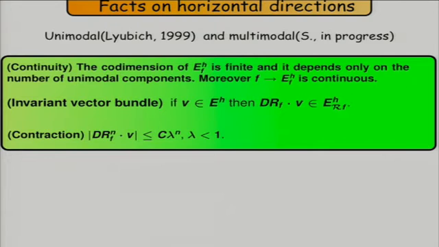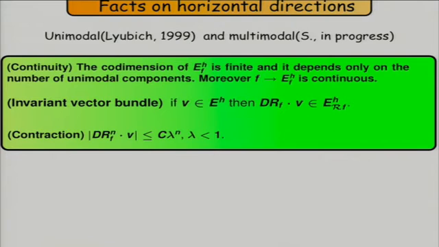So you have continuity of these horizontal directions. For each f, you associate the horizontal directions. This is a continuous thing. The codimension is finite and depends only on the number of unimodal components. This vector bundle of the horizontal directions is invariant. If you apply the derivative of the harmonization operator in a horizontal direction, you get a horizontal direction.